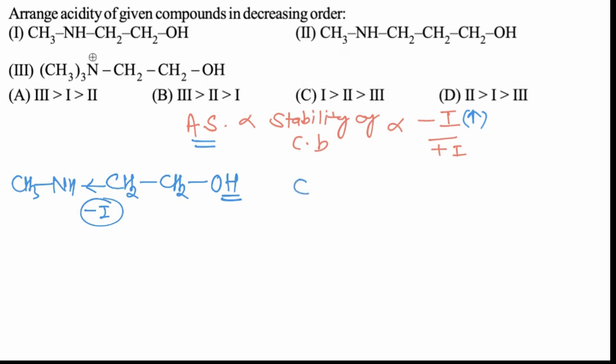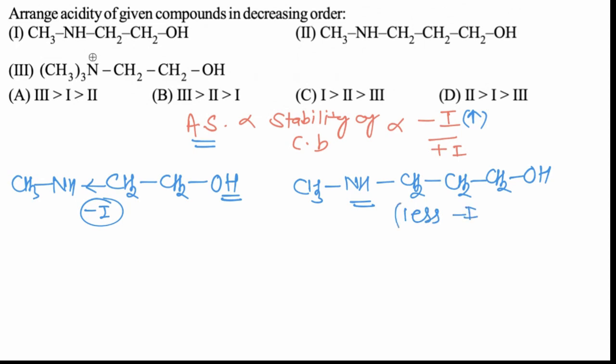In the second case, in between NH and OH, one extra CH2 is present, so it will have comparatively less minus I effect, because the minus I effect is distance dependent, and due to one more carbon, its minus I effect is comparatively less.